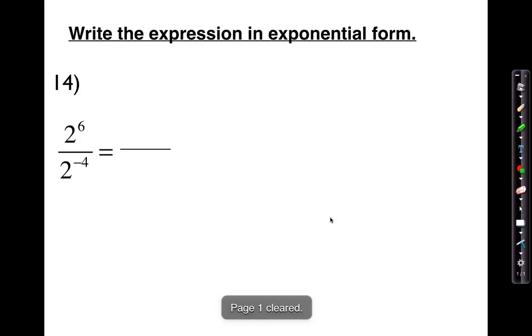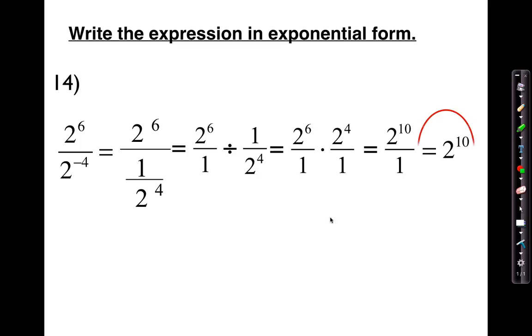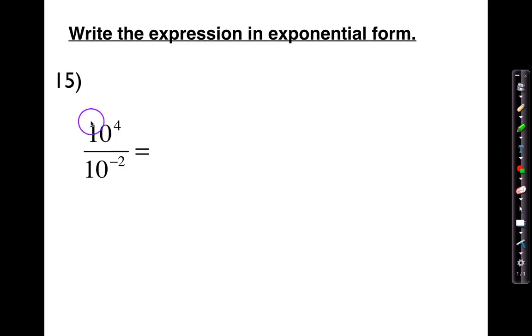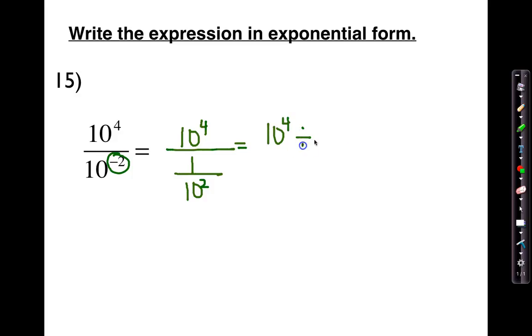Okay, so now let's take a look at number 15 here. Since we have a positive exponent, we're going to keep it like that. Since we have a negative exponent here, I'm going to rewrite that as 1 divided by 10 2 times. This is now going to become 10 to the 4th divided by 1 over 10 squared. Again, to keep things nice and neat, I'm going to go ahead and make this into a fraction.